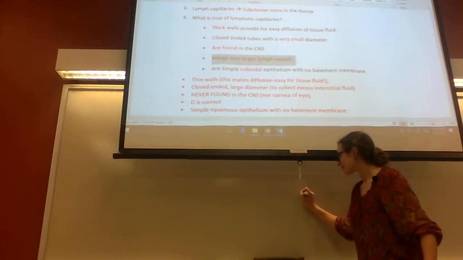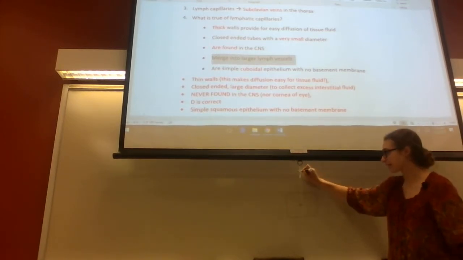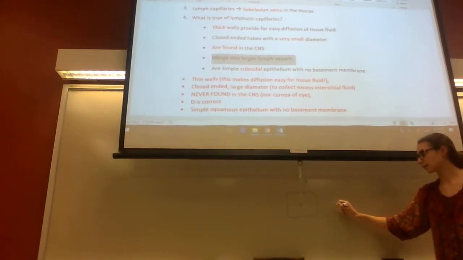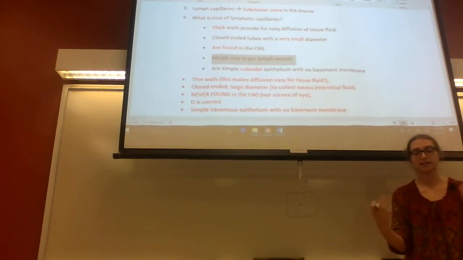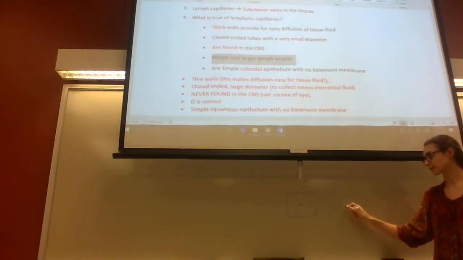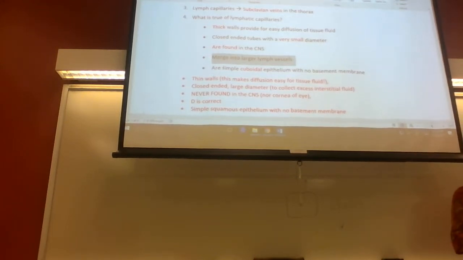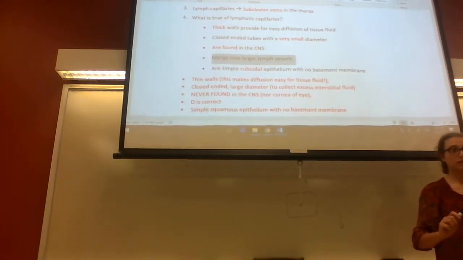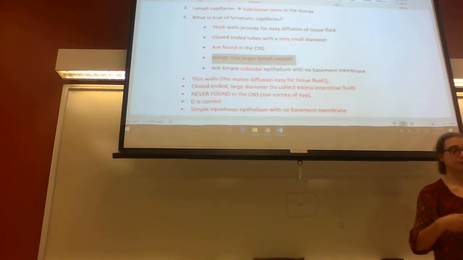Cuboidal is for protection because they're cubed, they're thick, so nothing can get through it. But we want our lymph, we want that fluid to move, to be transported. So it's simple squamous, and squamous is the flat. Simple meaning one layer, squamous meaning flat. If they were multiple layers, it would be stratified squamous, but it's not.